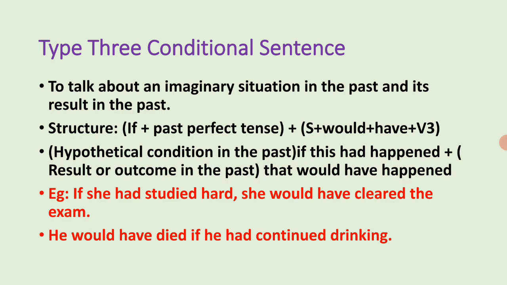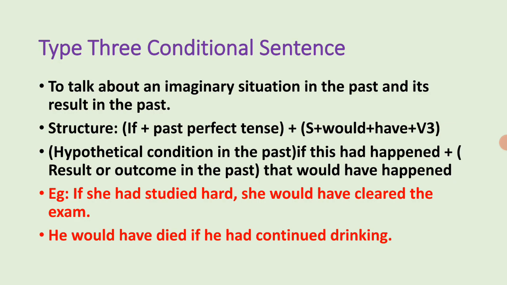Structure: the if clause will contain if plus past perfect tense, and the result part will contain subject plus would plus have plus the third form of the verb. That is a hypothetical condition in the past, if this had happened, and the result or outcome, that would have happened, is also in the past.